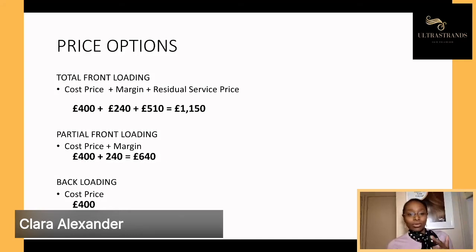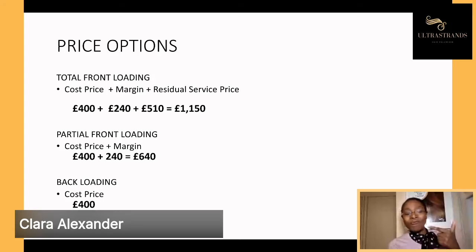Okay, so this is what I mean. This is the way in which we focus on pricing and ensuring that you can get prices that are going to add value to your clients. But this particular slide, I'm going to go through it again, because I really want you to understand the whole principle behind it, and also the perception that a client is going to have, because pricing options are not just about what you think a product should be priced at.